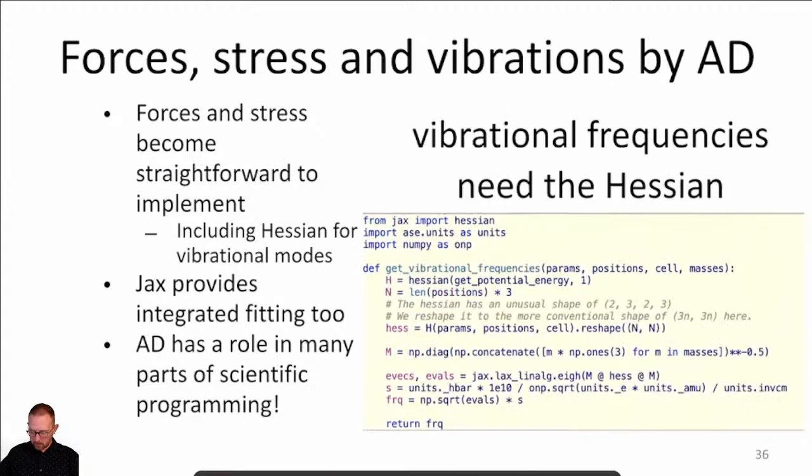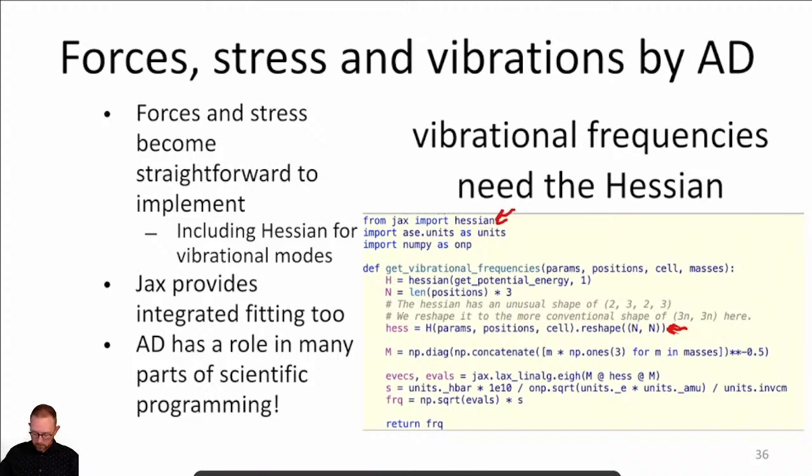And then finally, the vibrational frequencies. This is also pretty exciting. This allows us to calculate the Hessian. The vibrational frequencies are related to the frequencies of the diagonal of the Hessian. And so here we have one line that gives us the Hessian of our potential energy.